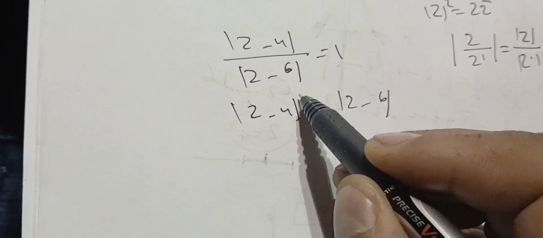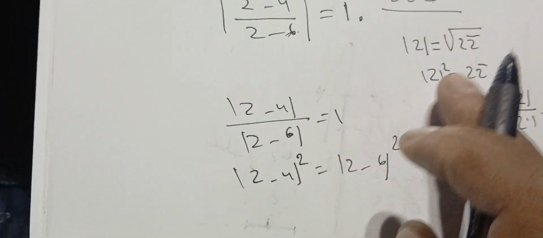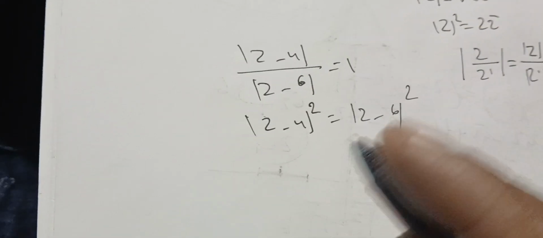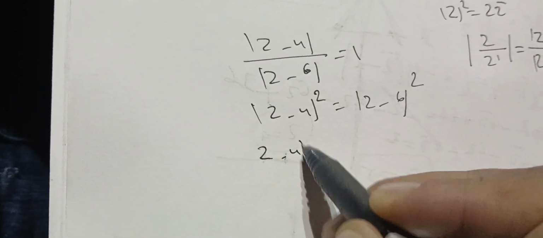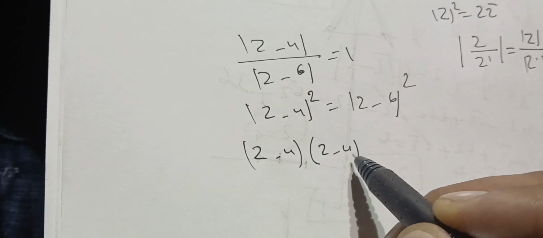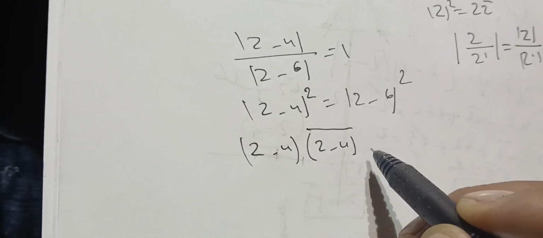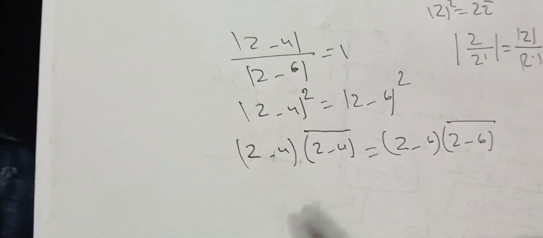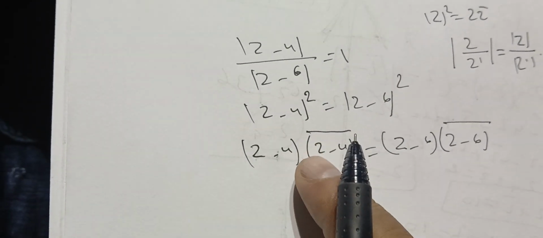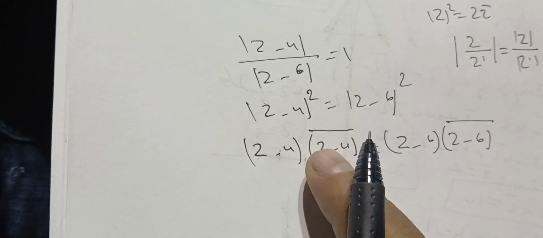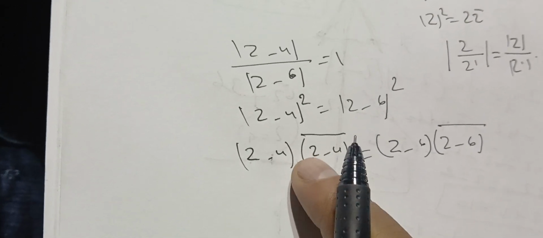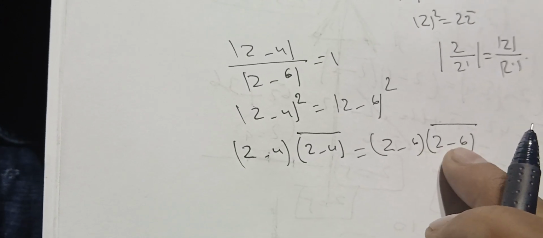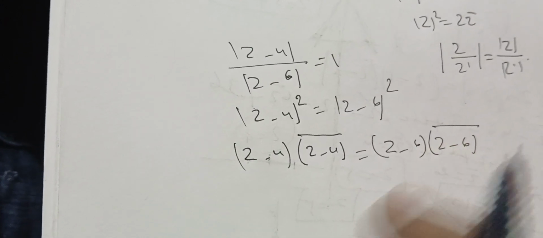So we square both sides in this case and apply the norm as defined by the conjugate. We get (z minus 4) times the conjugate of (z minus 4) equals (z minus 6) times the conjugate of (z minus 6). The conjugate of z minus 4 is z bar minus 4, and the conjugate of z minus 6 is z bar minus 6.